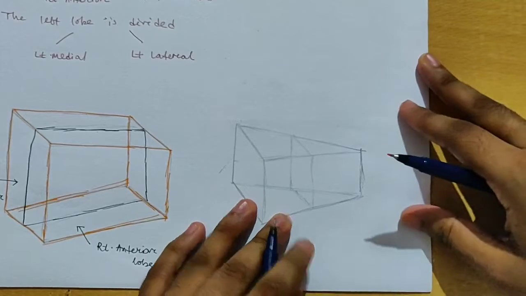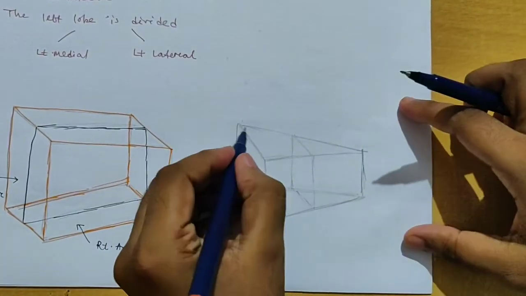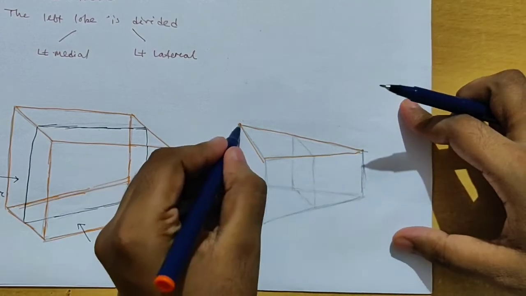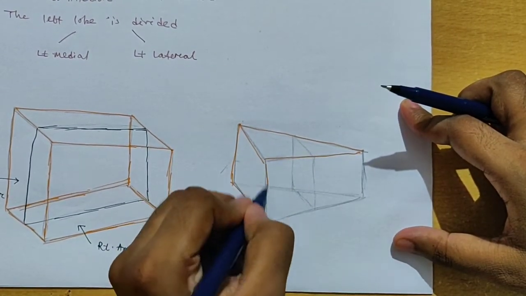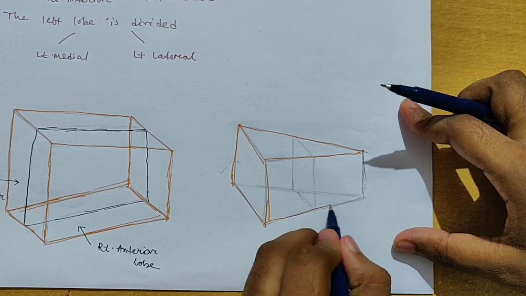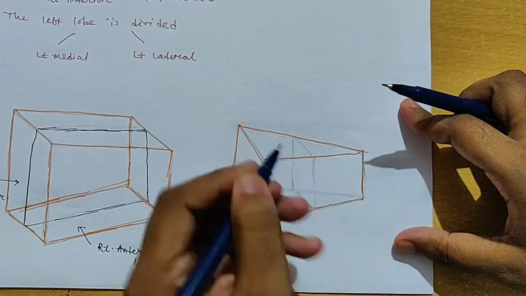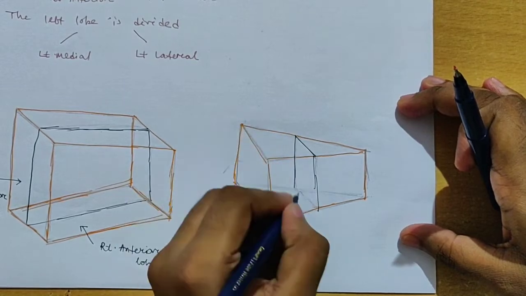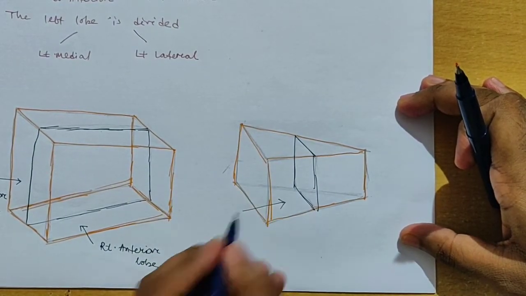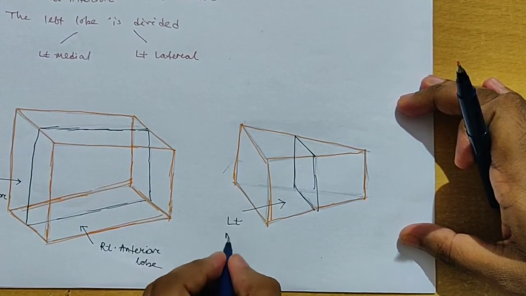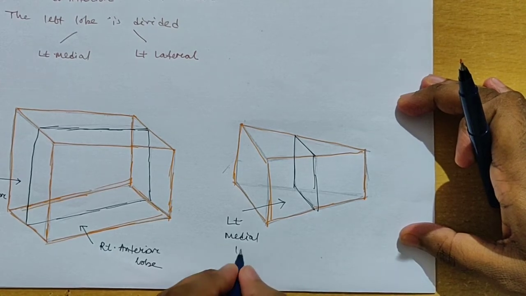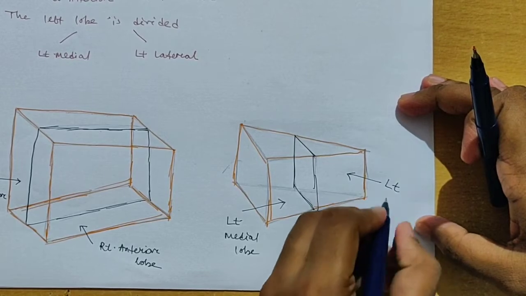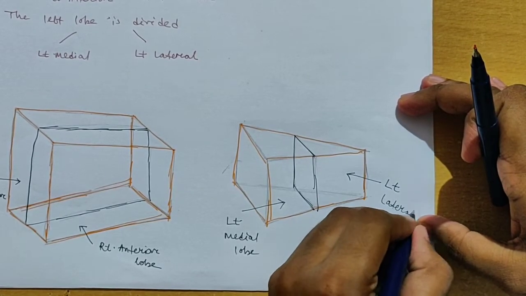Now we'll see the left lobe. This is the left lobe, which has pointed ends, so it is divided into lateral and medial parts. This part is the left medial lobe and this part is the left lateral lobe.